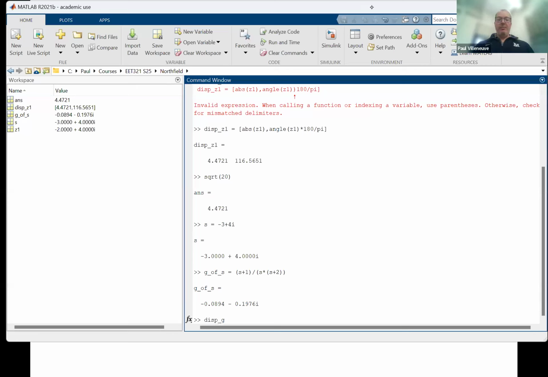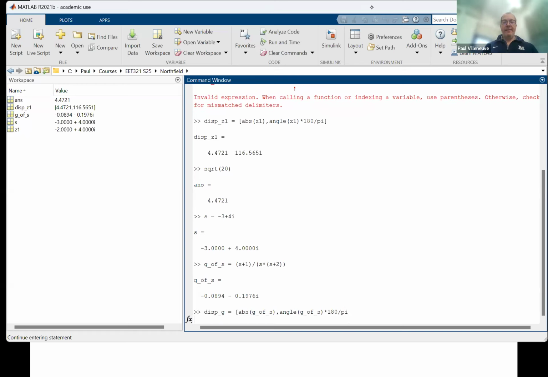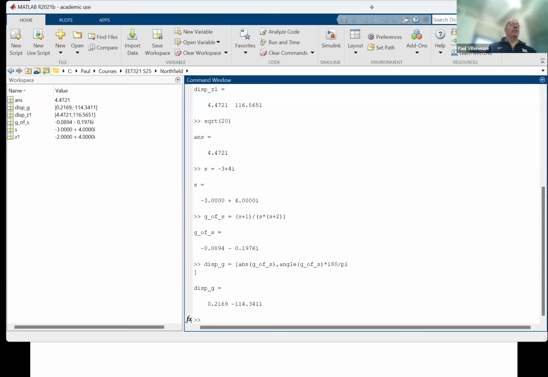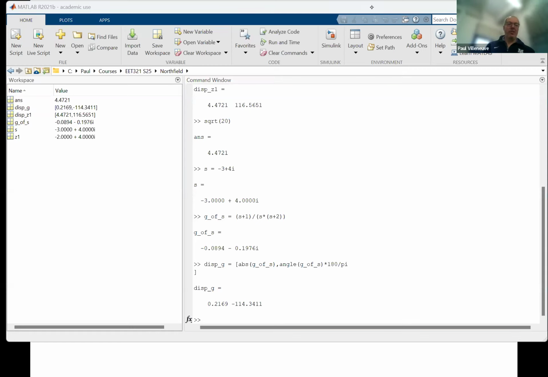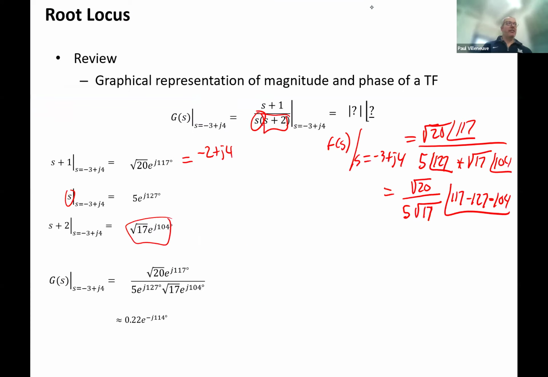I'm just going to display G, which is equal to the absolute value of G of S and the angle of G of S times 180 over pi. Oh, I forgot to put close brackets. And I get 2.16 at an angle of minus 114, which is exactly what I get here.